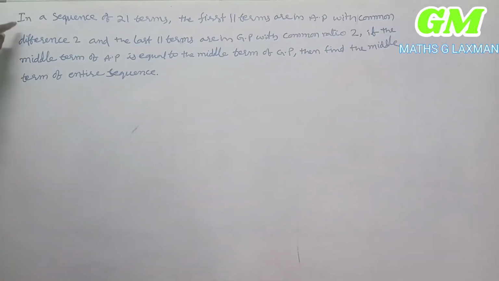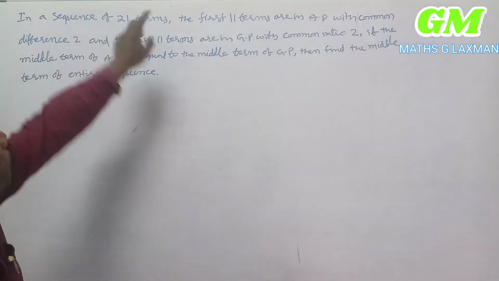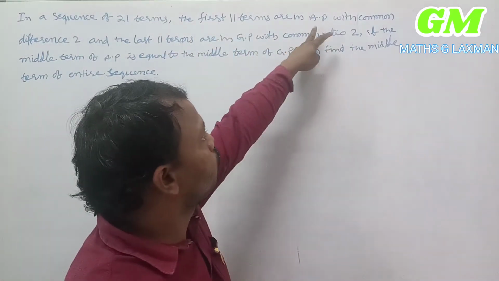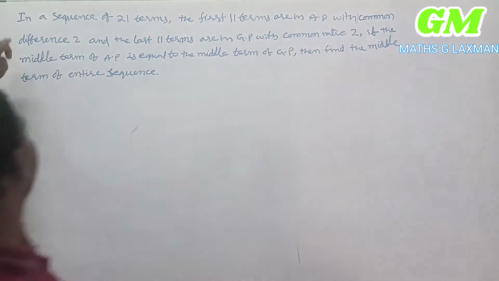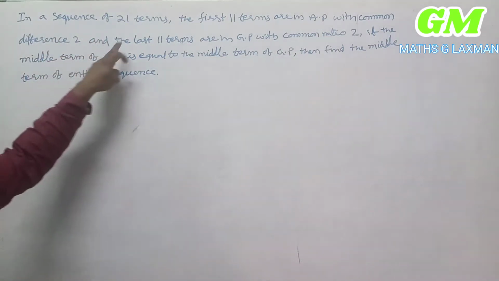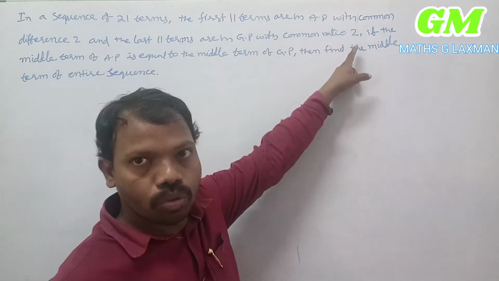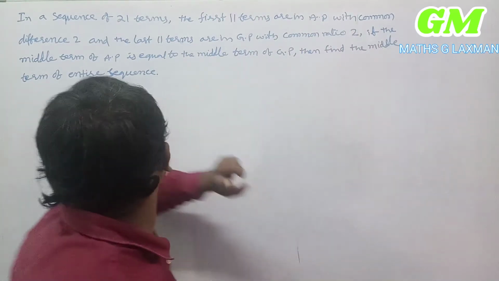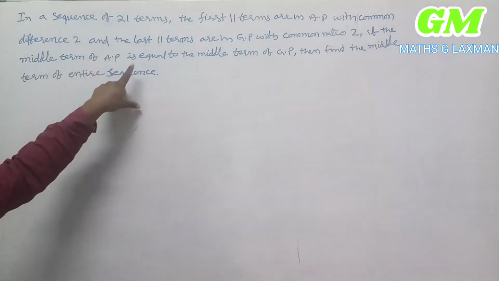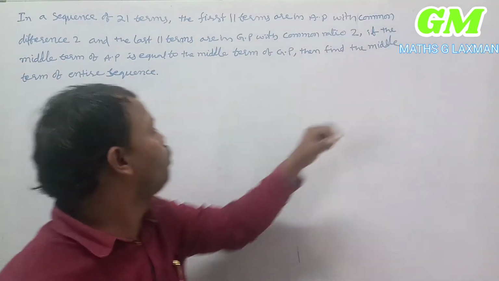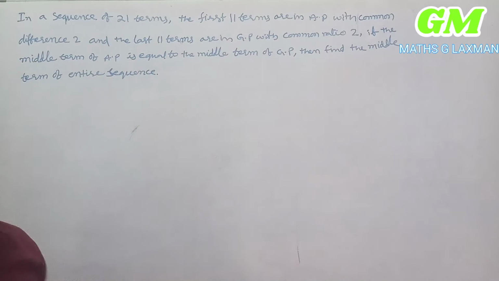Here the question: in a sequence of 21 terms, the first 11 terms are in AP, arithmetic progression, with a common difference 2, and the last 11 terms are in GP with common ratio 2. If the middle term of the AP is equal to the middle term of the GP, then find the middle term of the entire sequence.